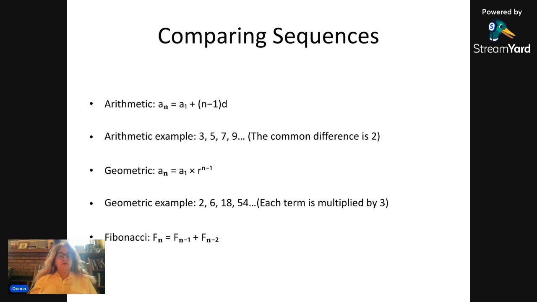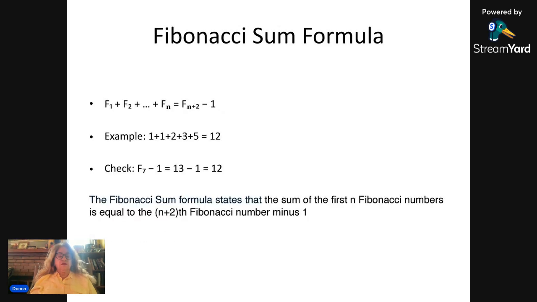In the example provided in the slide, we have 2, 6, 18, 54. So the previous number is being multiplied by 3 each time. And those both differ from the Fibonacci sequence because you are adding the two previous numbers in the sequence.